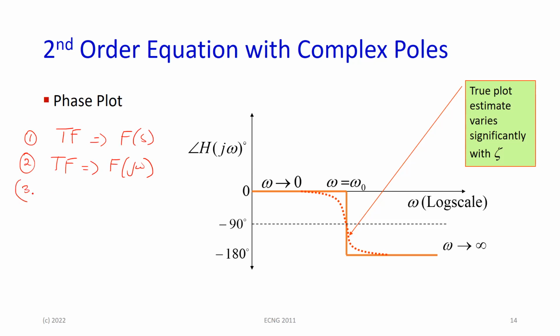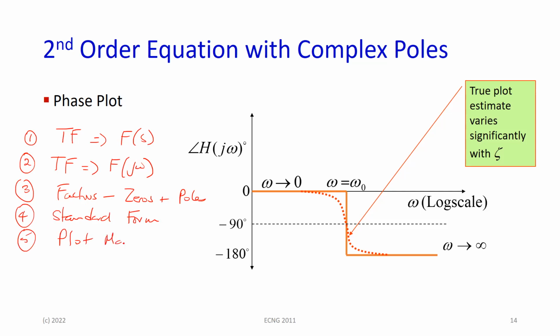Three, you take the factors, meaning zeros and poles. Four, you put it in the standard form, and then five, you plot magnitude and phase.